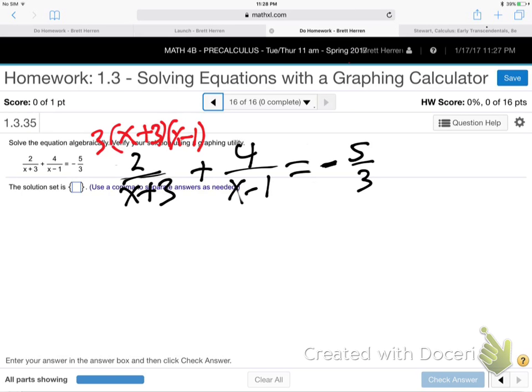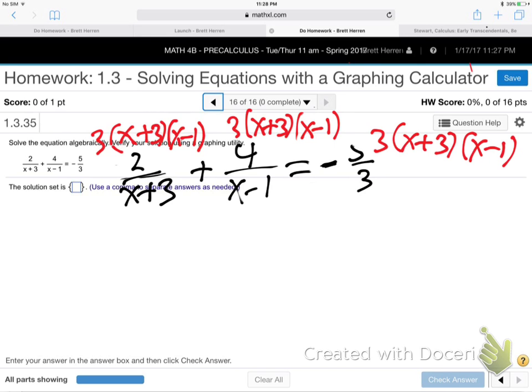So it's going to be 3, x plus 3, x minus 1, all the way across like that. Okay, we get to there. So you put the whole common denominator, which is every part of the denominator, 3, x plus 3, x minus 1, all the way across the top.